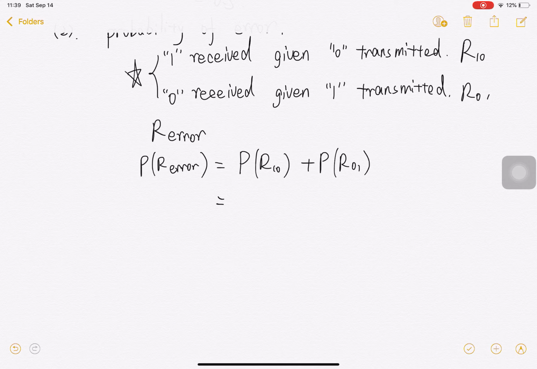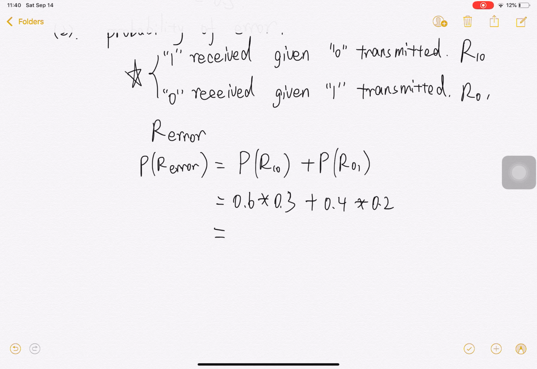Let's go back to the first equation. The probability of R10 is 0 transmitted and 1 received, so it's actually 0.6 times 0.3. 0.6 is the probability that 0 is transmitted, and 0.3 is the probability that 1 is received, plus the probability of R01, and we can find the probability of 1 transmitted is 0.4, and the probability of 0 received given that 1 is transmitted is 0.2.